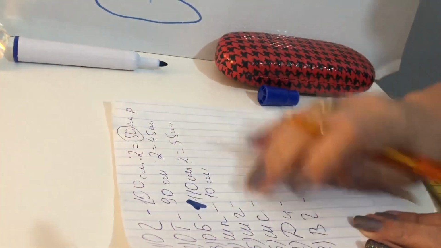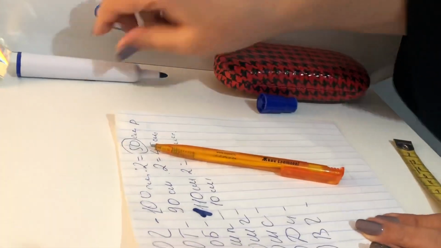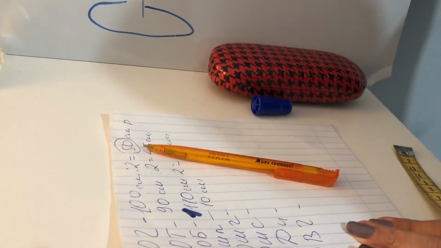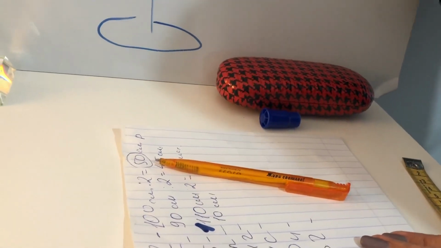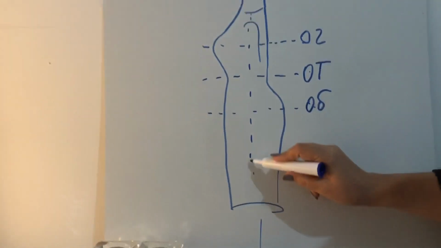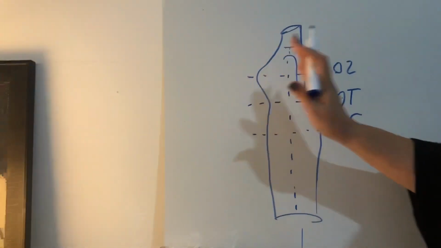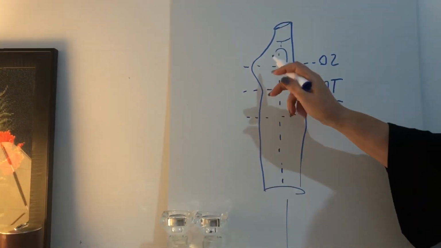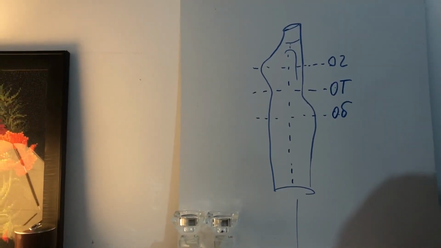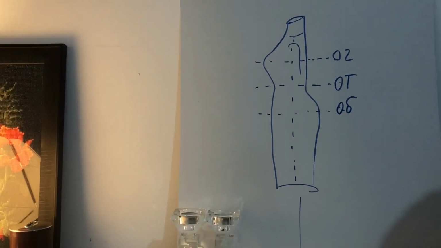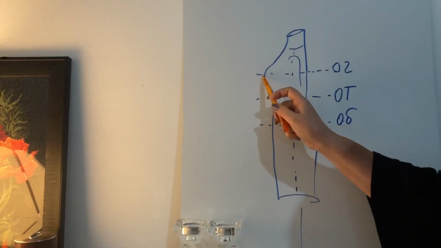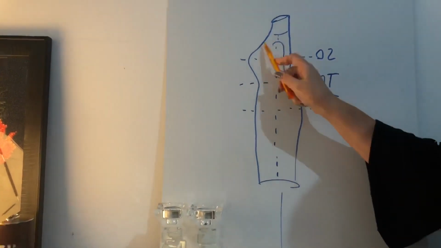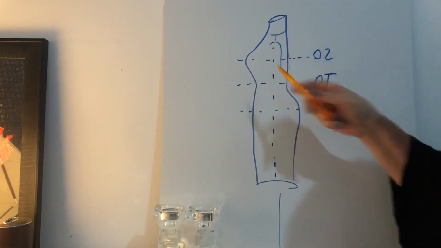That's it. Chest width. Guys, now I can divide the figure in half like this. This is in front and this is at the back.